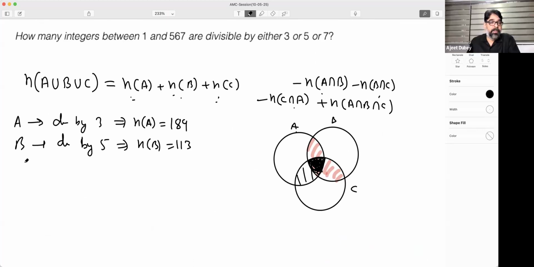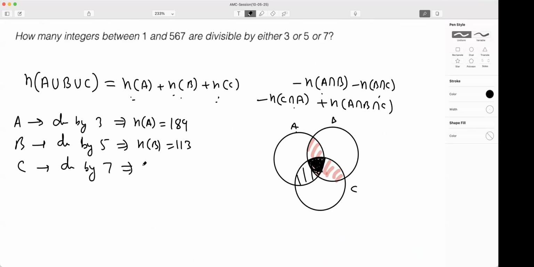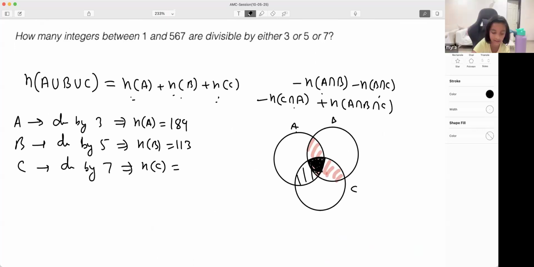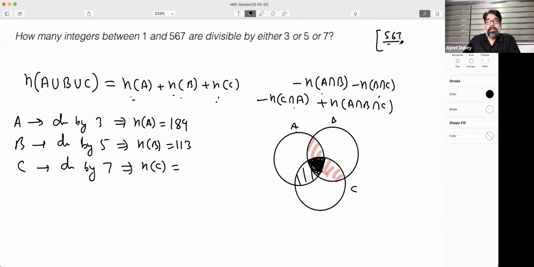C divisible by 7: 81. Divisible by 7 means the greatest number of 5, 6, 7 by 7. So 81. Yes, 81. Now I need A intersection B also.